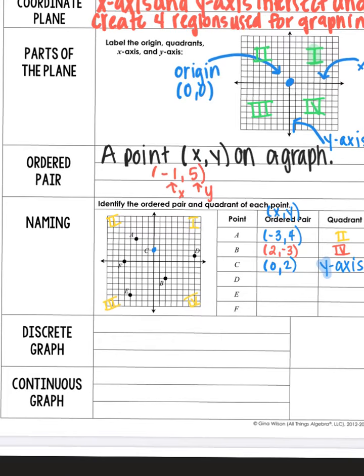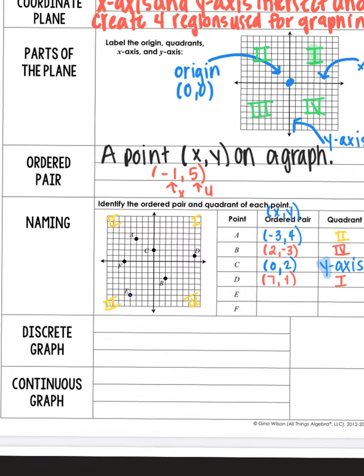All right, let's look at point D. D is here. So let's count how many we go right on the x-axis. Starting at 0, 0, 1, 2, 3, 4, 5, 6, 7. So on the x, D is at 7. And then we have to go up 1 box, which is 1 on the y-axis. D is in this top right box. So that is quadrant number 1.